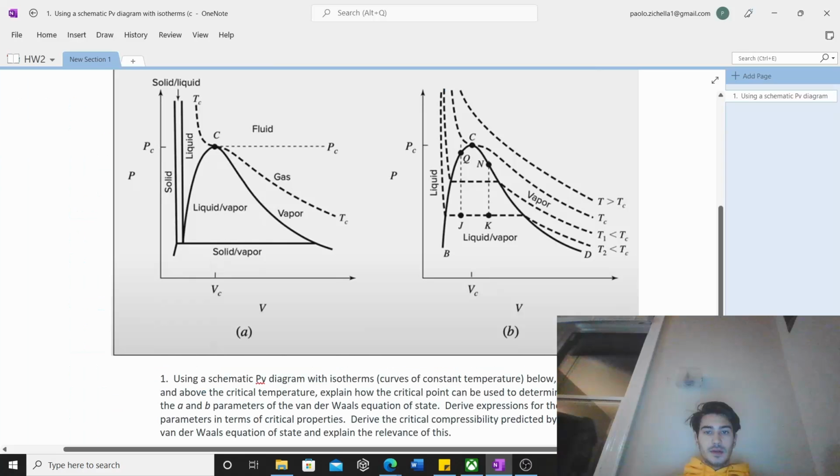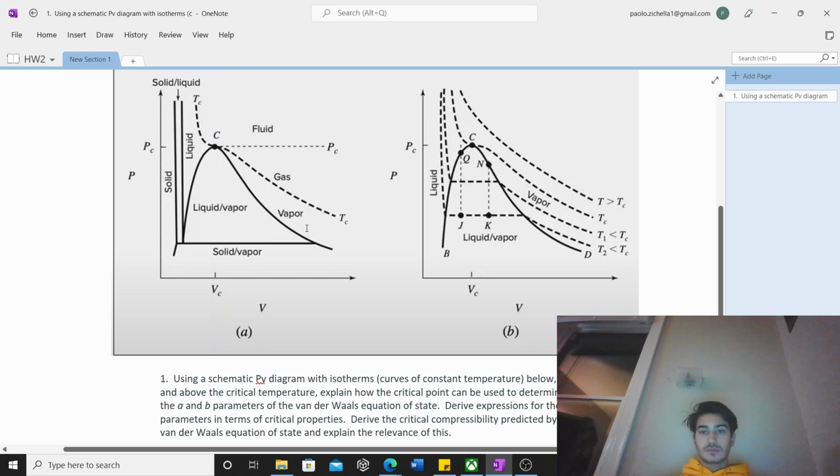Let's get started. Here we have a typical schematic PV diagram, where the pressure is on the y-axis and the volume is on the x-axis. As we can see, the compound changes from the solid phase to the liquid phase to the gas phase, back and forth between the three phases.